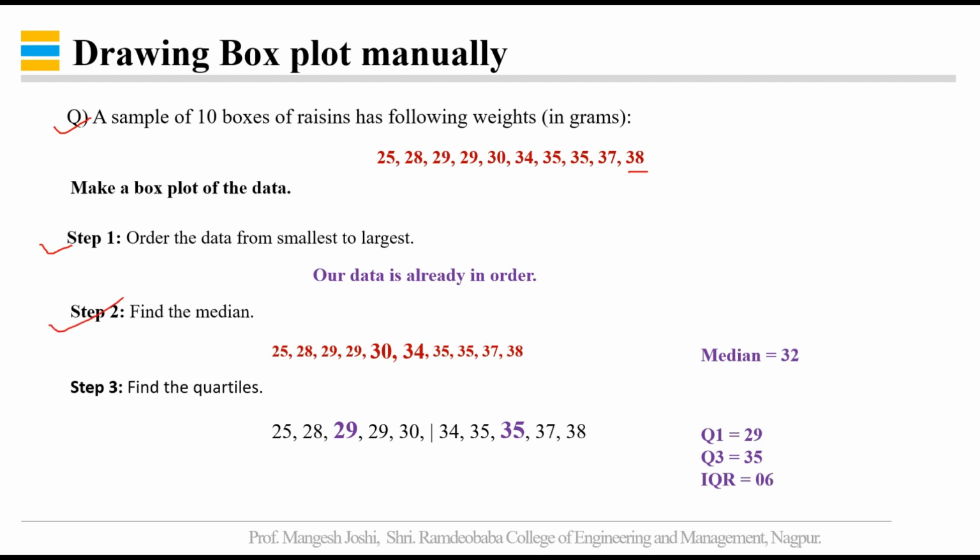The second step is to find the median. We have already seen it is the middle value of the data set. So the median is the average of 30 and 34, that is 30 plus 34 divided by 2, which is 32. The next step is to calculate quartile 1, quartile 3 and the interquartile range.